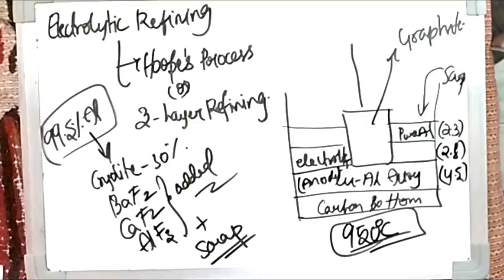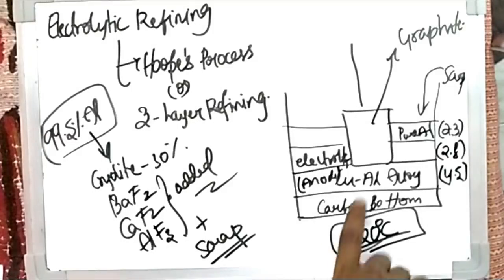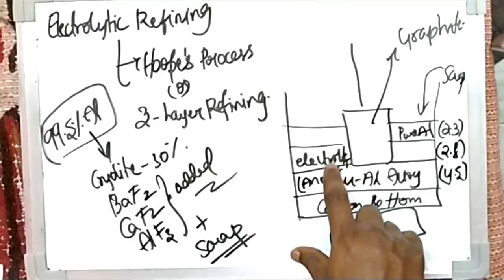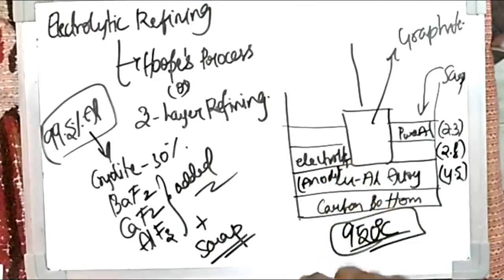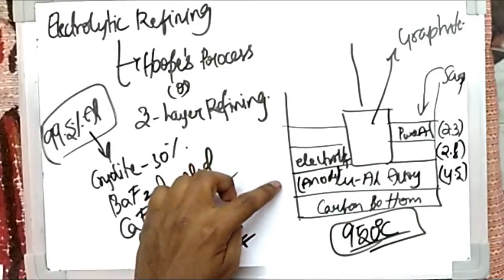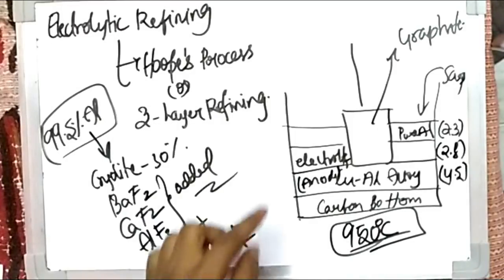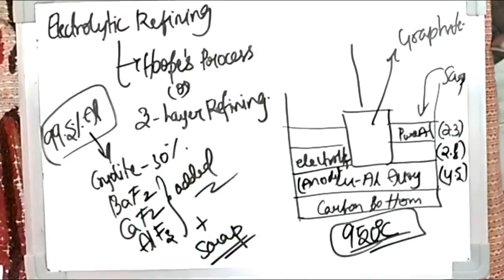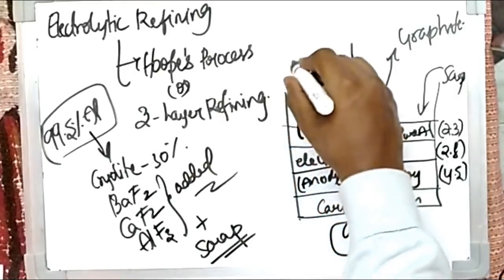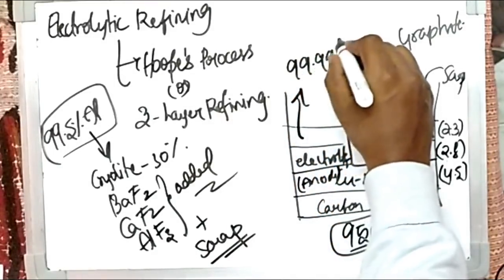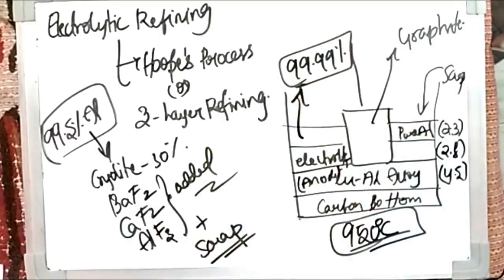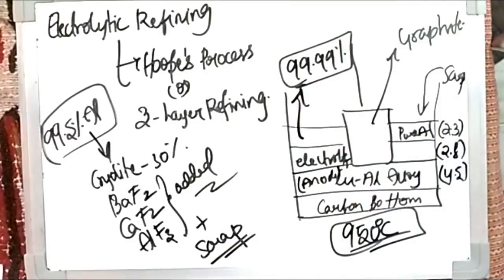The impure aluminum is alloyed with copper and forms a bottom layer which reacts with the electrolyte. A continuous reaction between the electrolyte layer and the aluminum copper alloy takes place, and pure aluminum is separated, with a purity of 99.99%. So this is the electrolytic refining of aluminum.